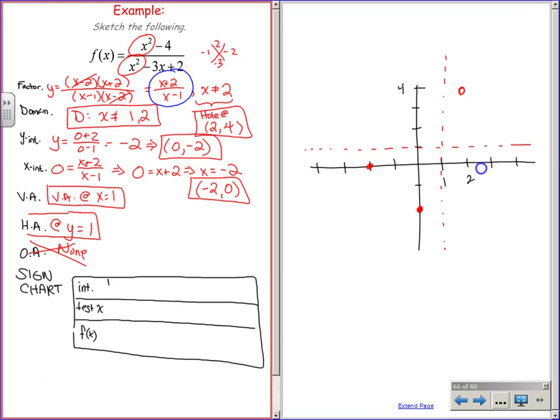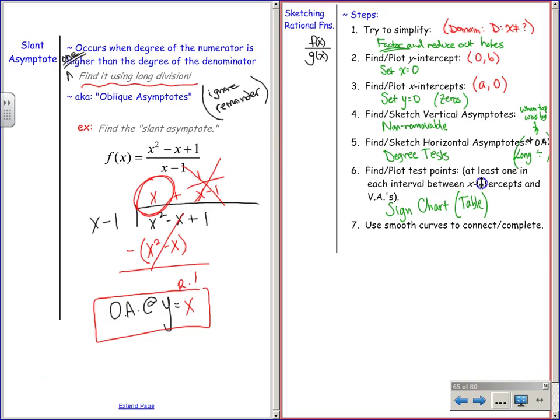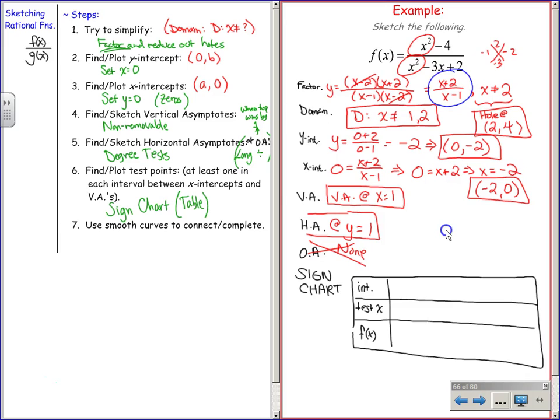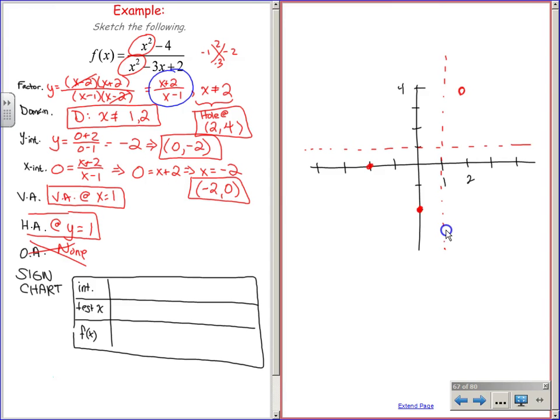Set up a sign chart between x-intercepts and the vertical asymptotes. So I even give you a hint as to which x's to use.